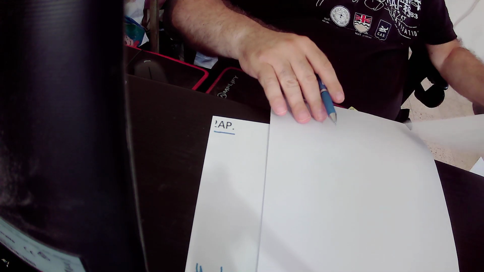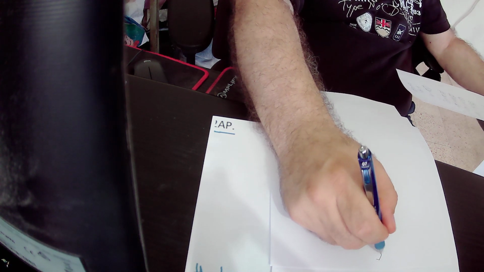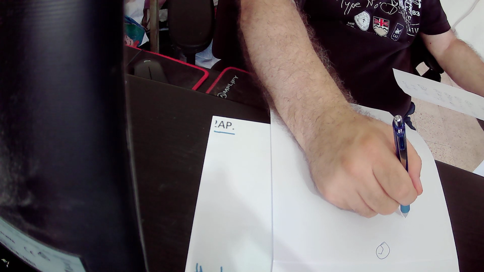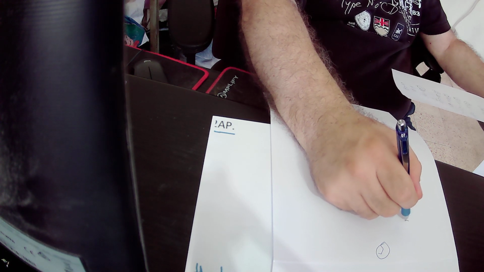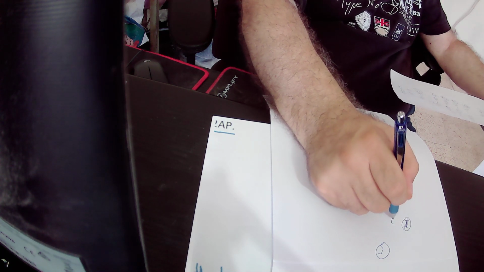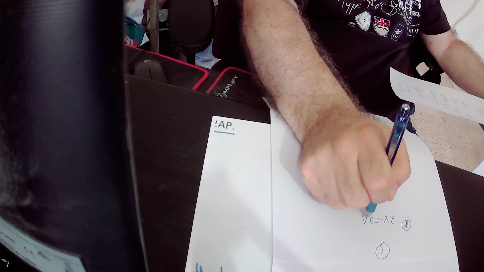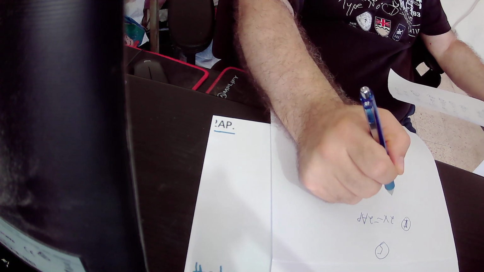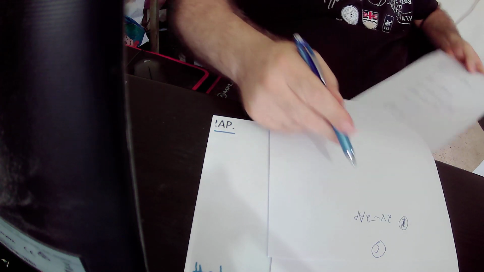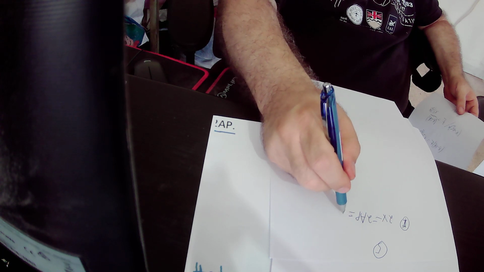So we can say that 2x equals 2 times AP, and 2x equals 105.